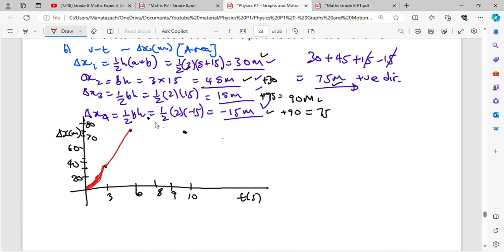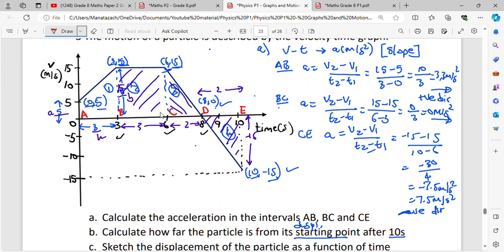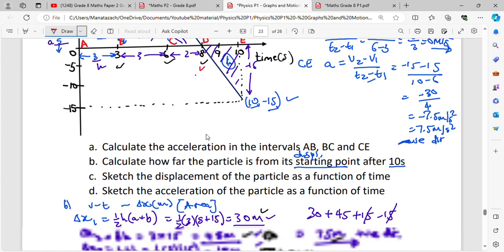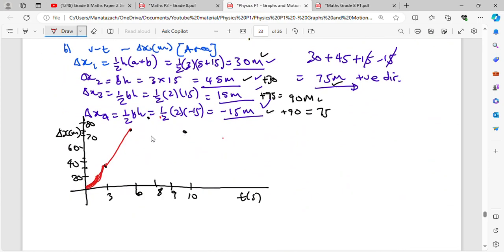In fact, the peak is supposed to be here at 9, right? No, I'm correct. The peak is supposed to be at 8. That's where the graph is crossing the time axis. So we are correct. So it's going to be a curve until 8, and then another curve until 10 seconds. So that's just about how the graph will look like.